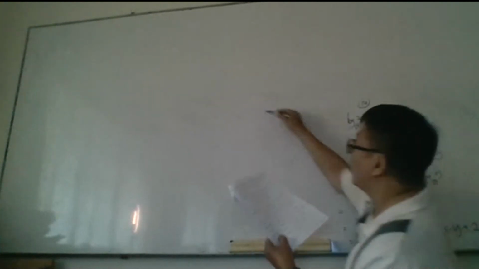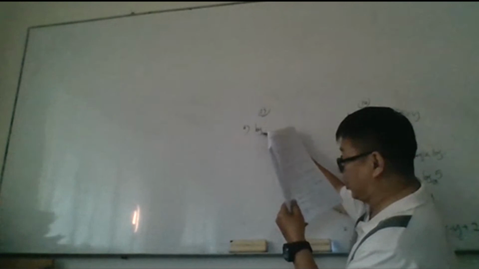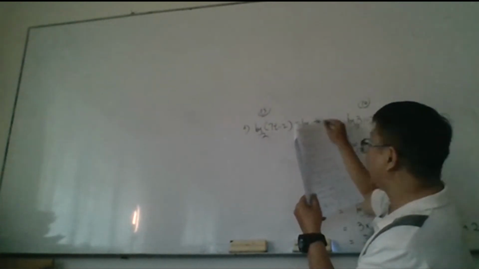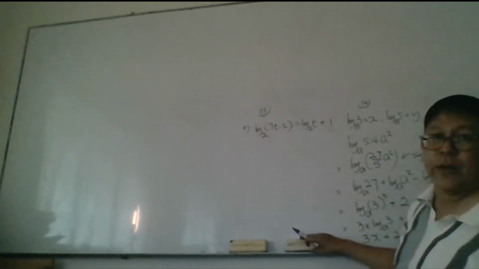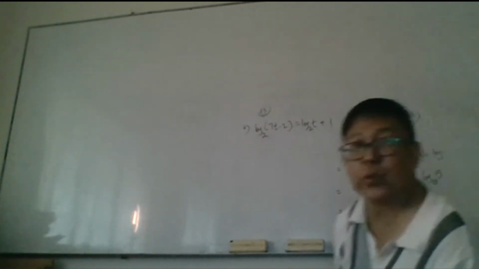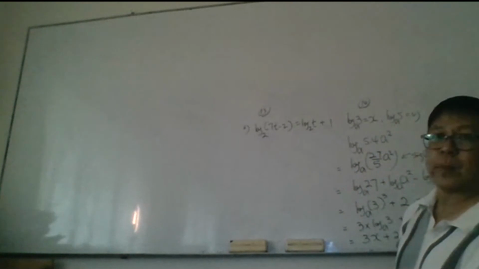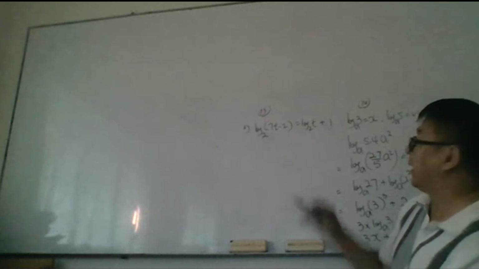Another question will be question 15a. In this question, you can see that the question gives you two or three logarithms. That's why in this question, we cannot split. We need to join them together as one.